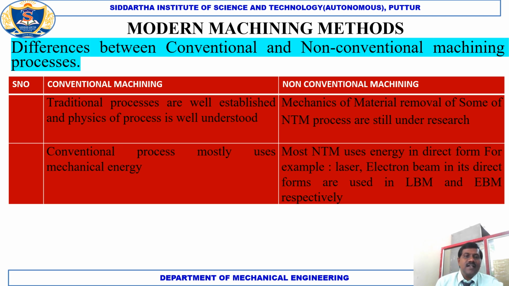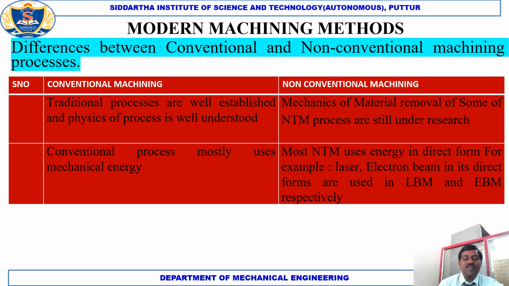Then coming to the traditional conventional machining process, the traditional processes are well established and the physics of the process is well understood. We have been using these conventional machining processes since the second industrial revolution, and we know very well how the material is removed and what mechanics is involved in the removal of material.